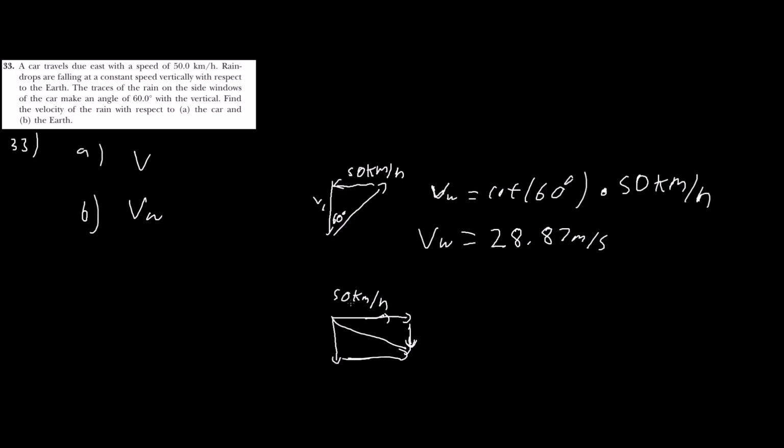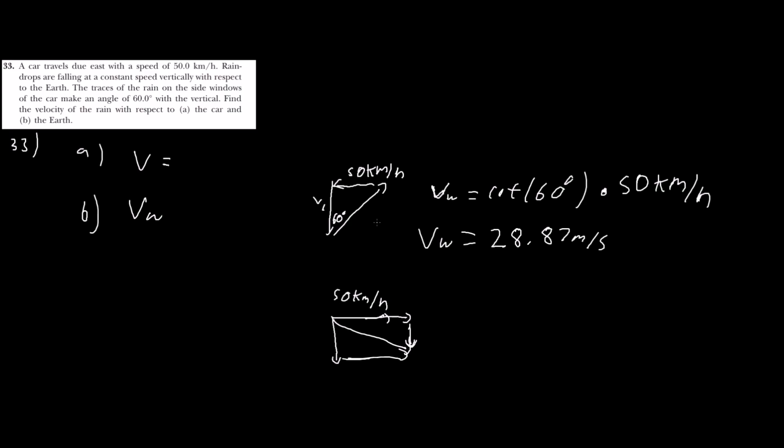So this is going to be the velocity of the water going in the opposite direction. And since this is the angle to the vertical, this would be 60 degrees. And, well, you guys can figure this out. Anyway, so the water relative to the earth is going to be, so the velocity relative to the car as it's moving is going to be this magnitude.